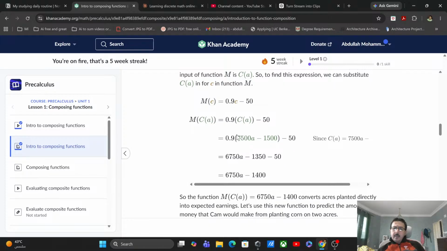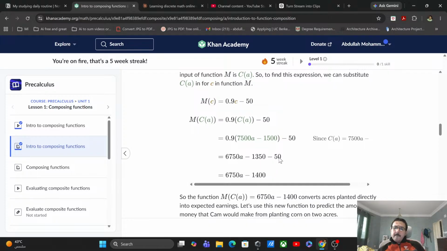We're going to multiply 0.9 here and 0.9 here. So we got 750A minus 1350 minus 50. And then we minus the 50 here.